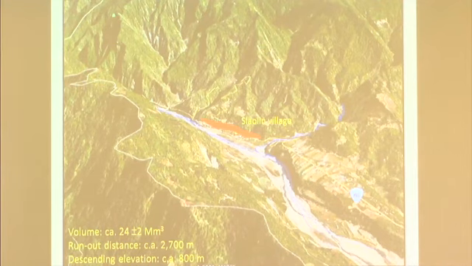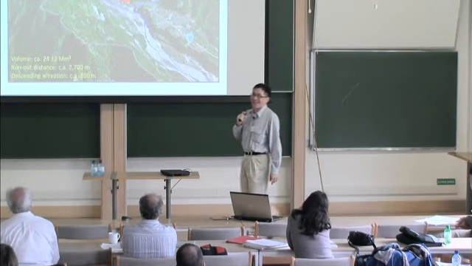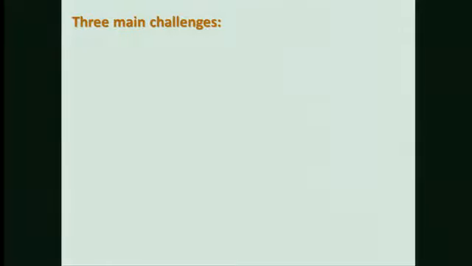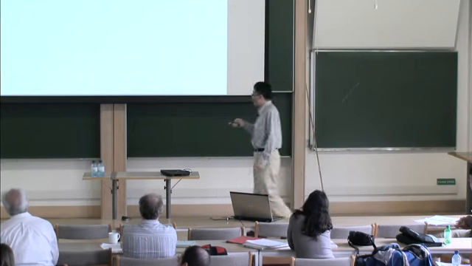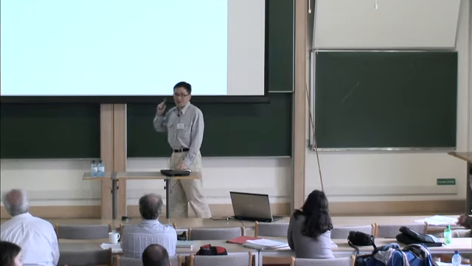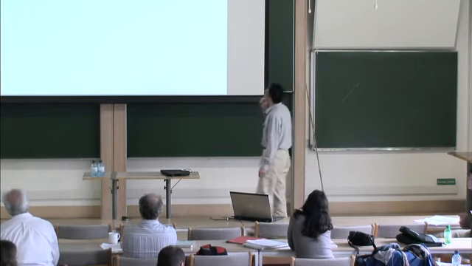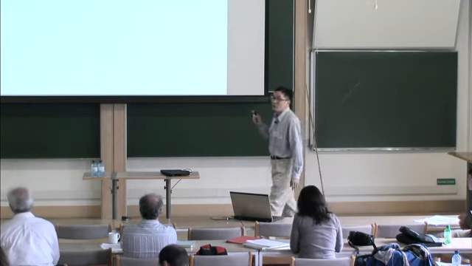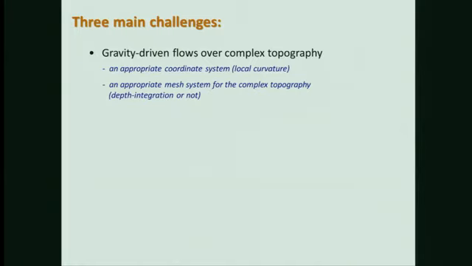Now imagine if we would like to simulate this landslide. I think it's not a trivial work, and there are many challenges. So I propose 3 main tasks. The first one would be we need an appropriate coordinate system to include the local curvature.